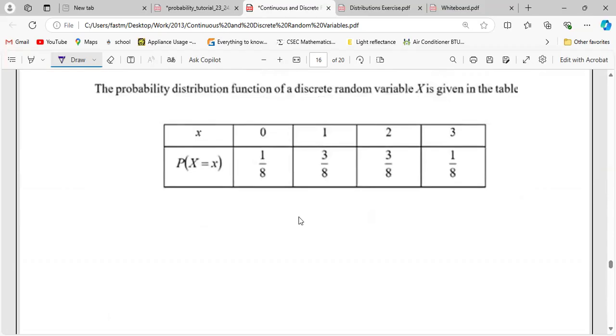So the probability density function, PDF, is given for the discrete random variable in the table. This is how you would give a discrete random variable: fixed values of x, as you see, discrete values. That's what they call discrete random variables. At those specific x values, you have a probability.